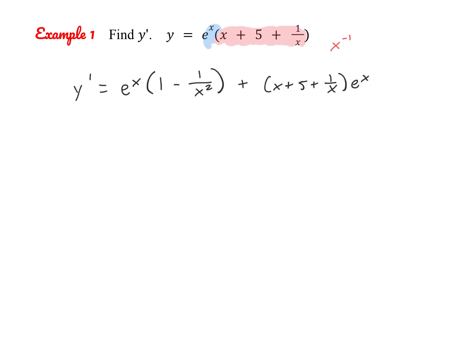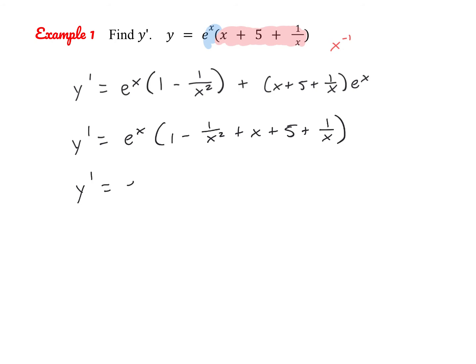And from here, we'll just try to simplify as much as we can. You'll notice that both of these expressions are being multiplied by e to the x. So we can do e to the x times 1 minus 1 over x squared plus x plus 5 plus 1 over x. Then we can combine like terms.